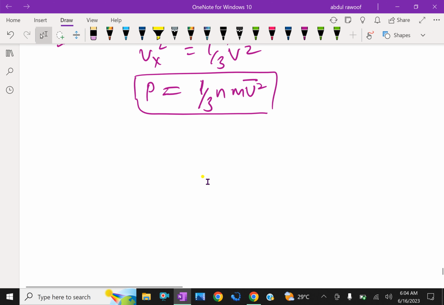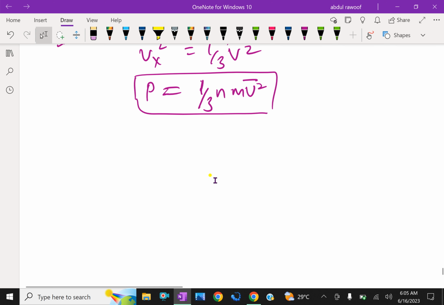Now, some remarks on the derivation. First, though we chose the container to be a cube, the shape of the vessel really is immaterial. For a vessel of arbitrary shape, we can always choose a small infinitesimal planar area and carry through the steps above.